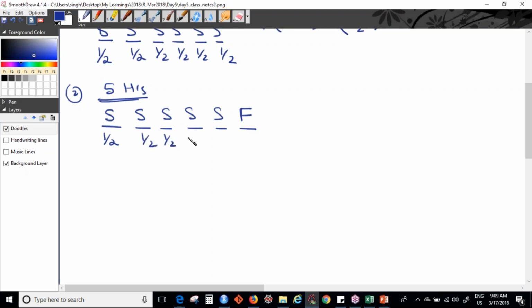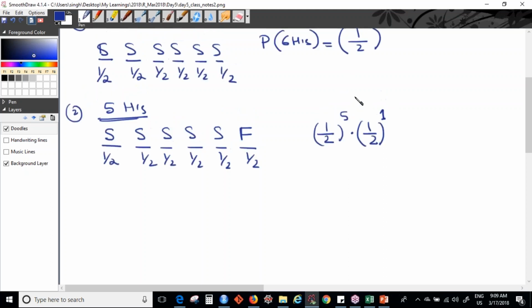Okay, again the probability of each success is 1 by 2. The probability of failure here also is 1 by 2, because the probability of tail is also the same. So here the probability of 5 heads is 1 by 2 to the power 5 into 1 by 2 to the power 1. I'm just writing it in a slightly different way. The answer is the same as before.